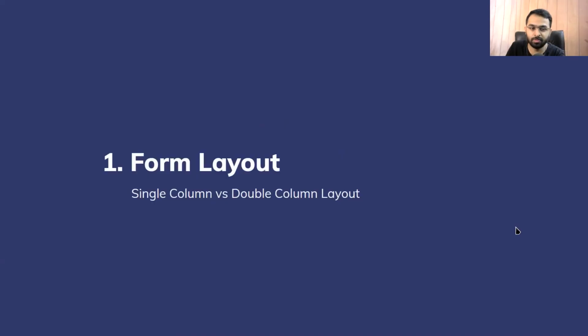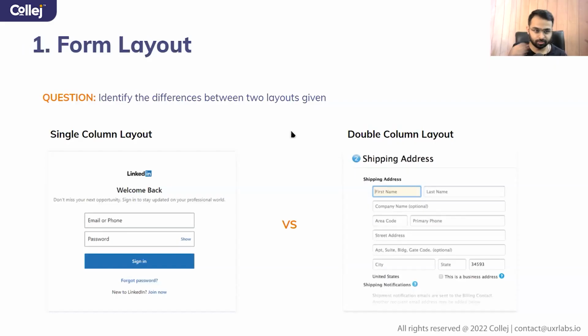That's one takeaway I think you should be very careful about when you are designing a form. Form layout, right? Single column versus double column versus multi-column, right? It can be any. So when do we use what, right? So the first question is to identify the differences between the two layouts given. What is the difference? The difference is obviously single column, double column, but why? What is the difference in terms of context?